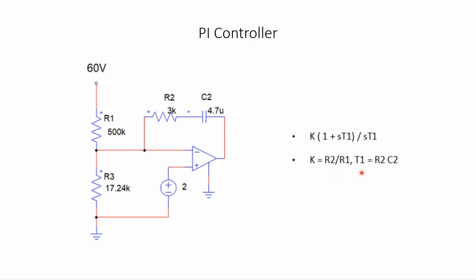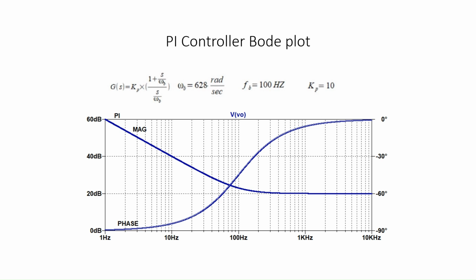The proportional gain is R2 by R1, and then the 0 is at R2 C2. After C2 there is a 0 and the gain is R2 by R1. Let's see the Bode plot of this in the next slide.